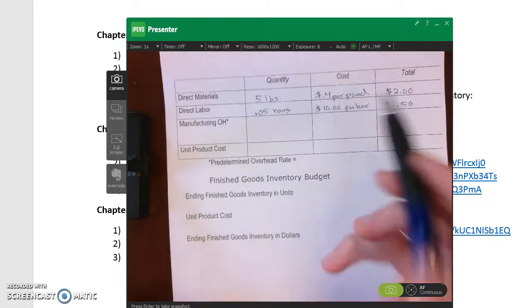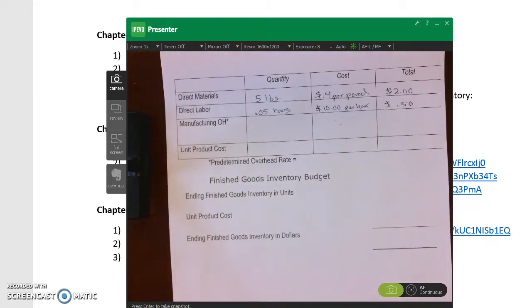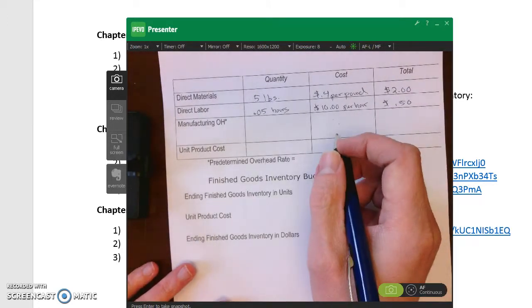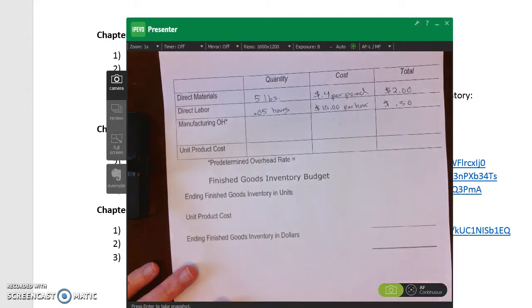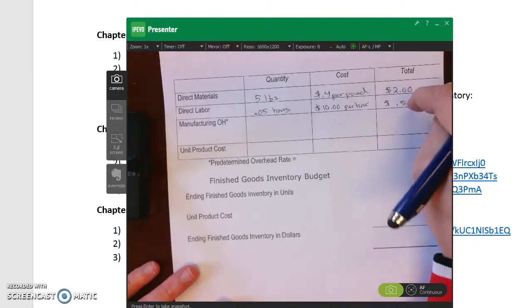Our manufacturing overhead, remember, is applied on the basis of direct labor hours. So I'm going to take my manufacturing overhead and apply it to each unit. That means I first have to calculate my manufacturing overhead rate. Remember, we calculate our manufacturing overhead rate, and then the rate times the amount of allocation base used is how much is applied.